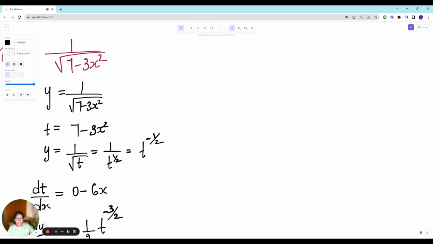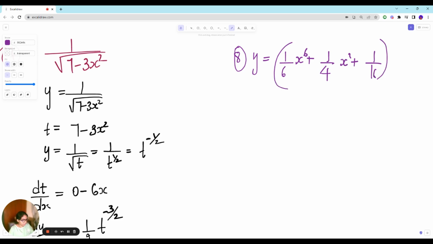Say eighth one, that is find the derivative of y is equal to (1 divided by 6x to the power 6 plus 1 divided by 4x square plus 1 divided by 16) whole to the power 15.